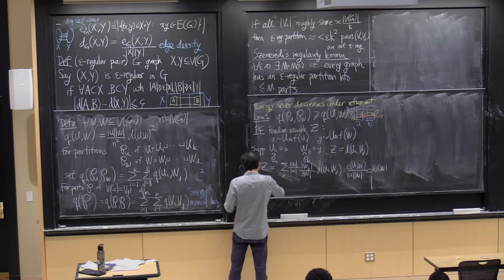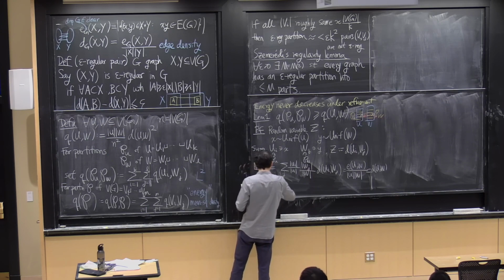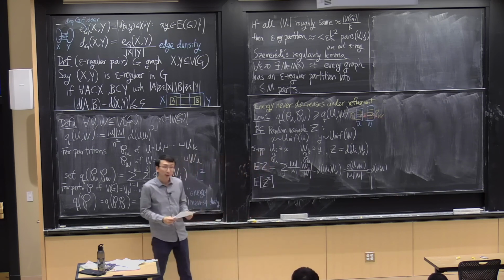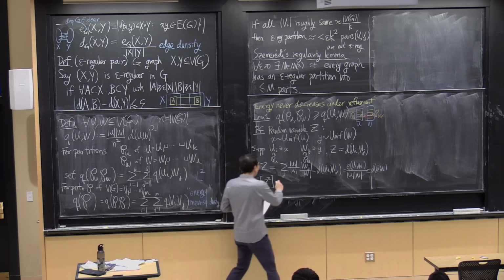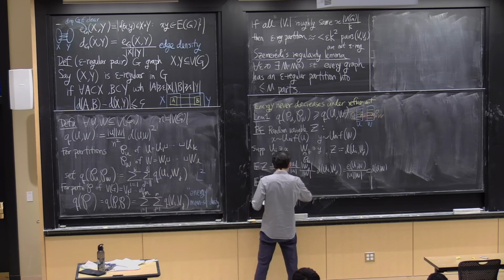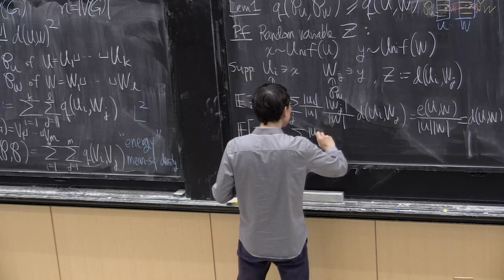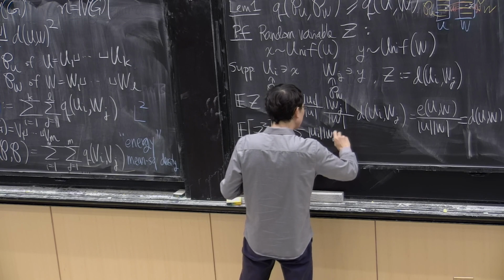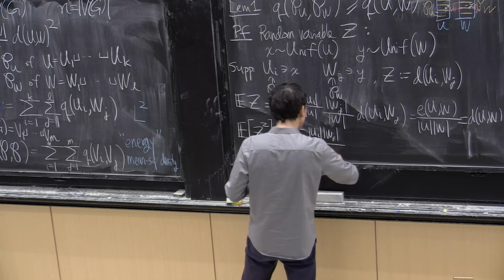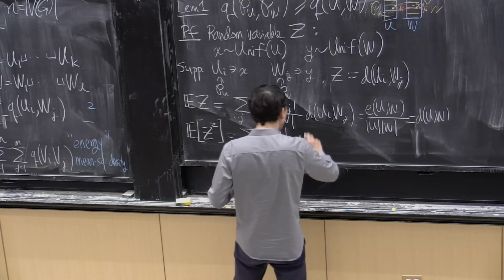On the other hand, what's the second moment? In other words, what's the expectation of the square of Z? Again, we do the same computation. Right, so the first part is the same. The second part now becomes a d squared.